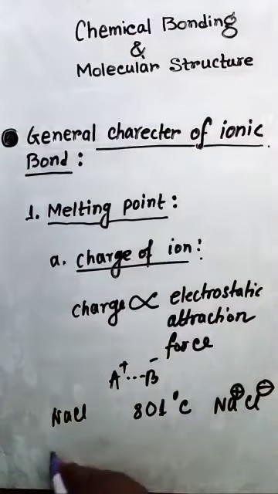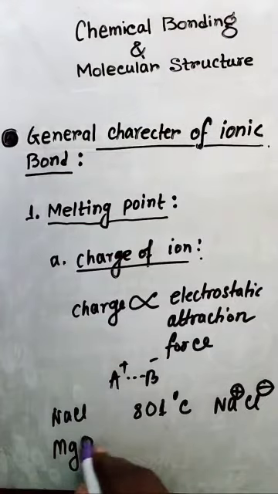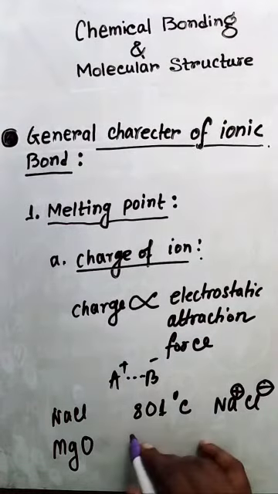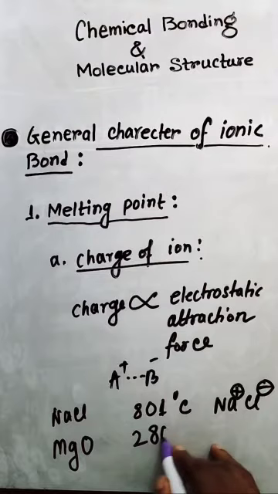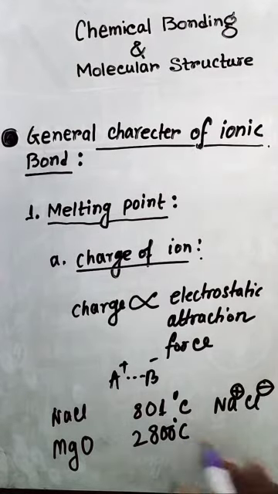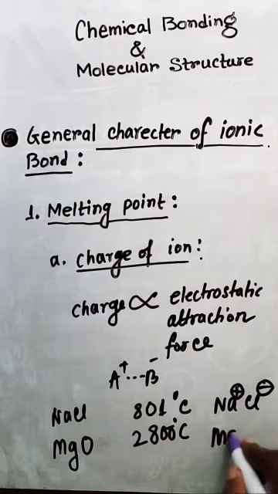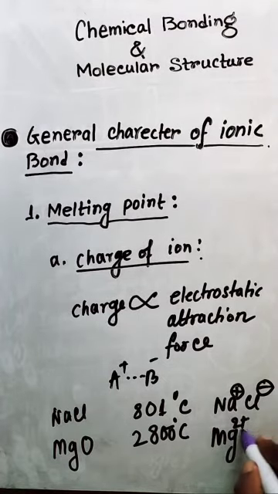If you notice, for magnesium oxide, the melting point is 2800 degrees centigrade. Why? Because here magnesium is present as Mg2+ and oxygen as O2-.